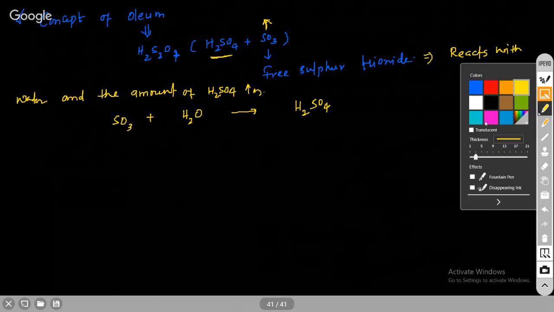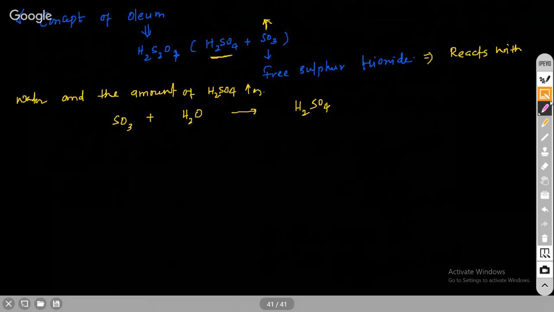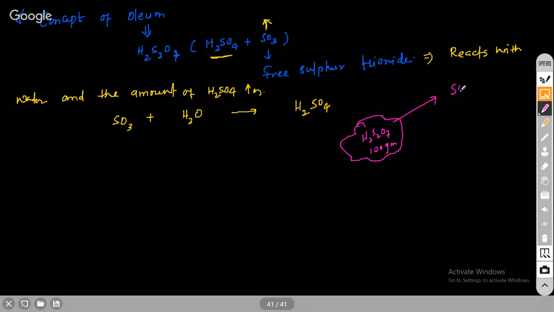The concept of oleum: suppose we have 100 gram of this oleum sample, H2S2O7, and out of 100 gram, we have SO3 and H2SO4. If the SO3 is X gram, then H2SO4 will be 100 minus X gram. Now this X gram of SO3 is reacting with H2O.